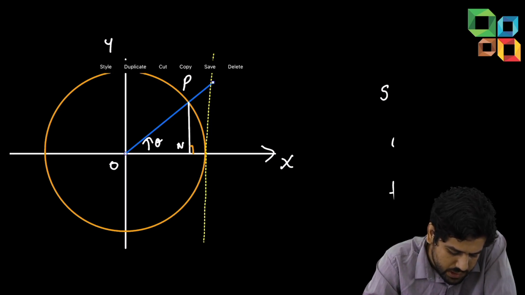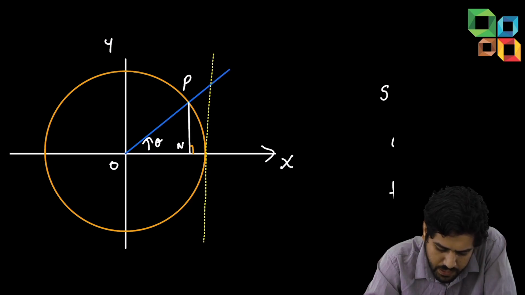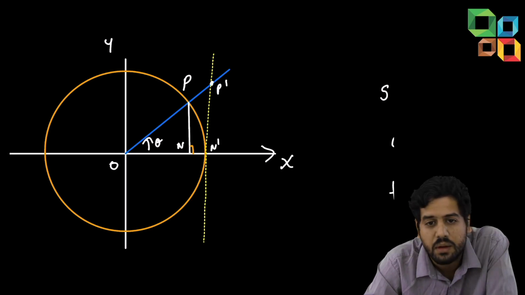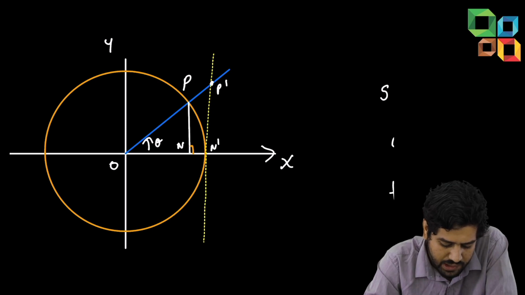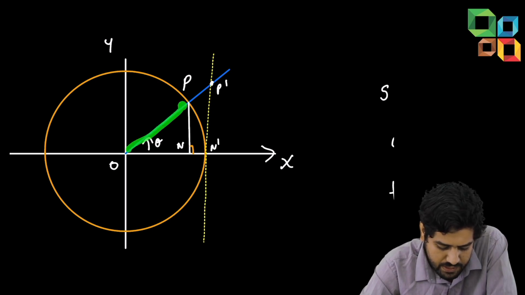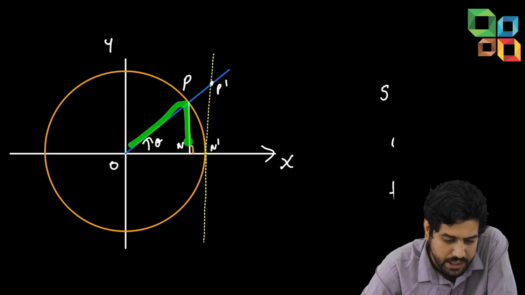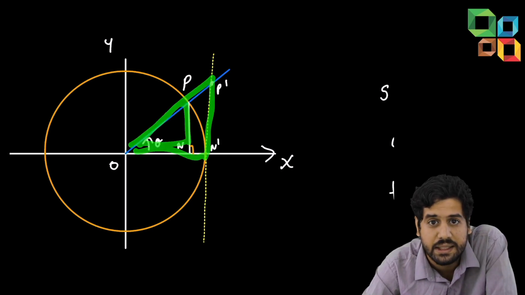Now, what can you say about this tangent? N dash, P dash. Is there anything that you can tell? Any triangles? These two triangles are similar, correct? OPN is similar to OP dash N dash, right?